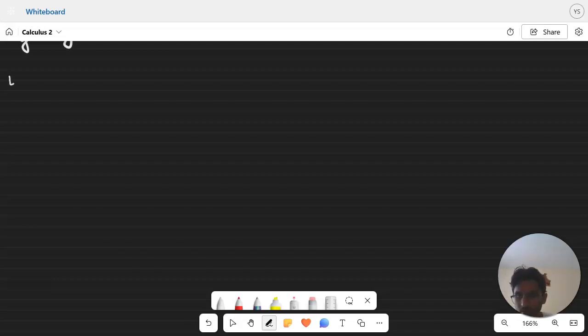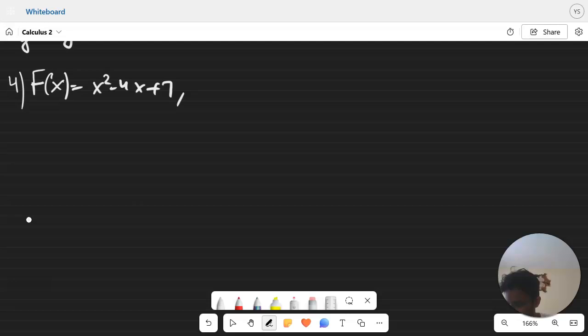Let's solve a problem where f of x is equal to x squared minus 4x plus 7. We've been told to find the work from 1 meter to 4 meters. Now remember, the force is variable over here.